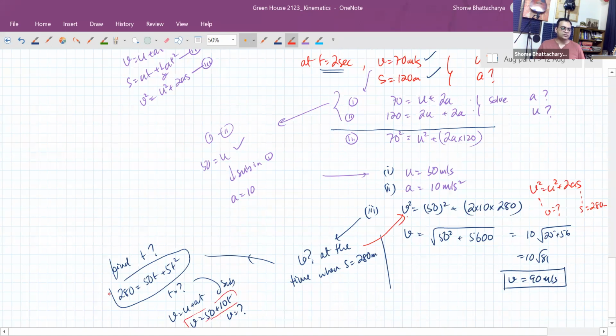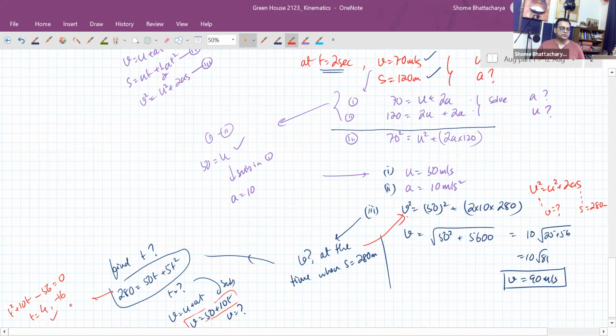Just for reference, you can actually solve this. You can see this is t square plus 10t minus 56 is equal to 0. This will give you t equal to 4 as one root and minus 16 as the other.